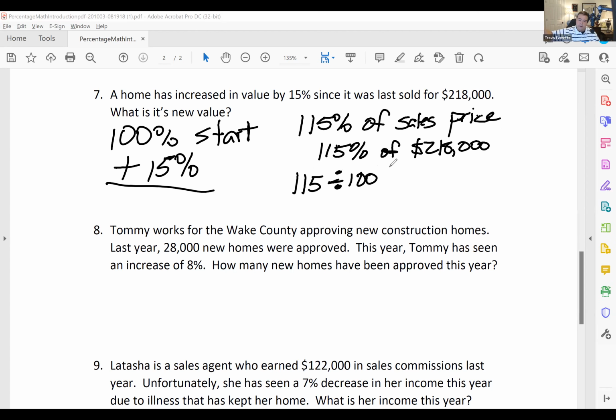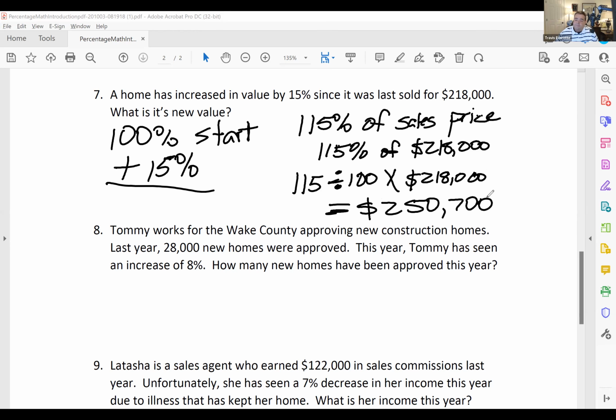Of means multiplication, $218,000. 115% of $218,000, that's going to be 115 divided by 100 times 218,000. Our new value, folks, is $250,700.